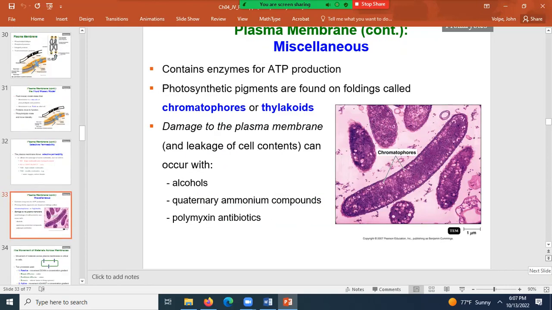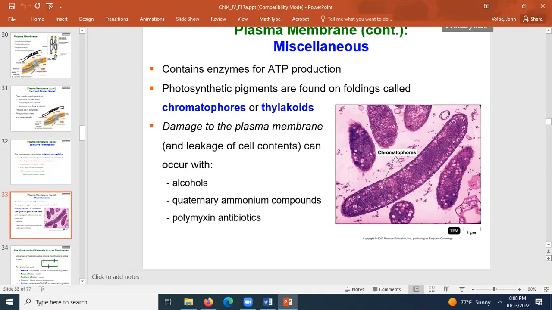All right, the plasma membrane does have some specific proteins in it for photosynthetic bacteria. They have the pigments found in foldings of the cell membrane.